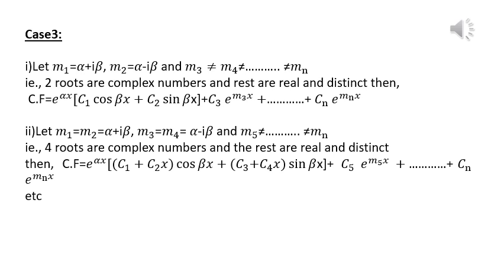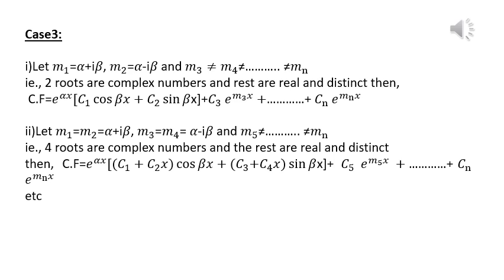That is, m1 equal to m2 is equal to alpha plus i beta. Then the next two roots, say m3 and m4, are also equal, but they must be the conjugate of alpha plus i beta. So m3 equal to m4 must be alpha minus i beta, and the remaining m5, m6, etc., mn are real numbers, but they are distinct, different numbers.